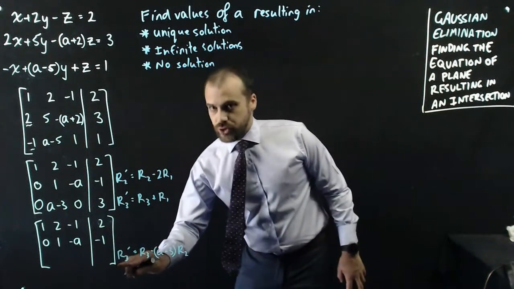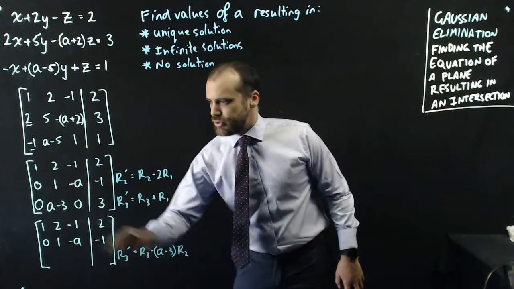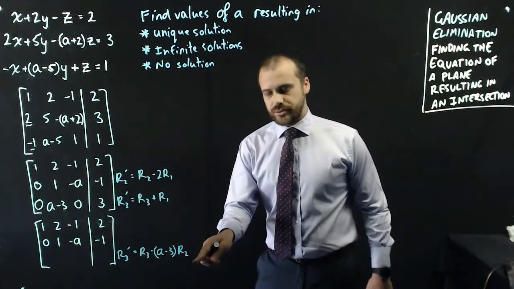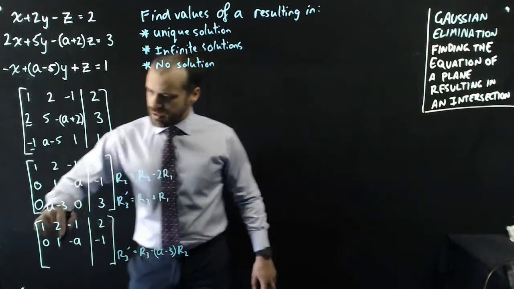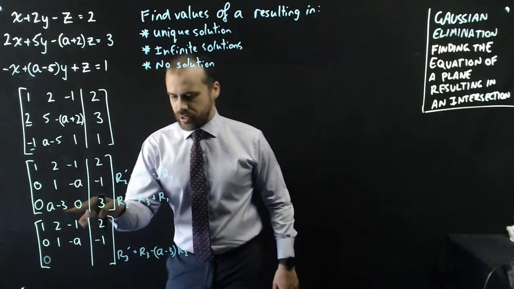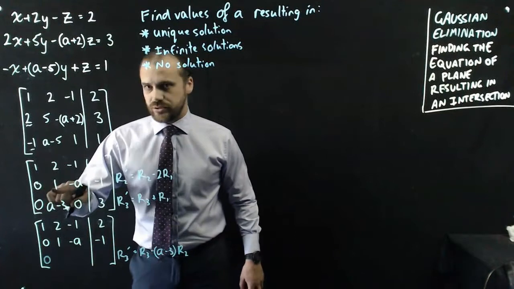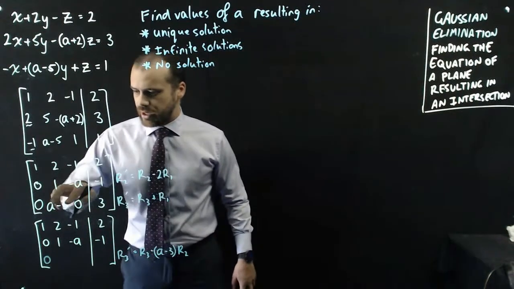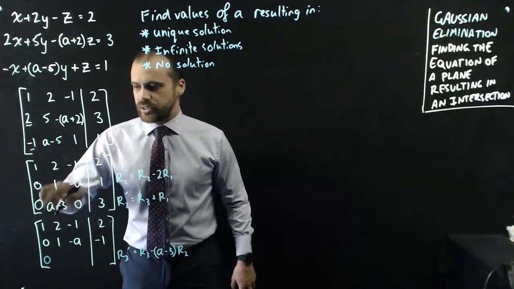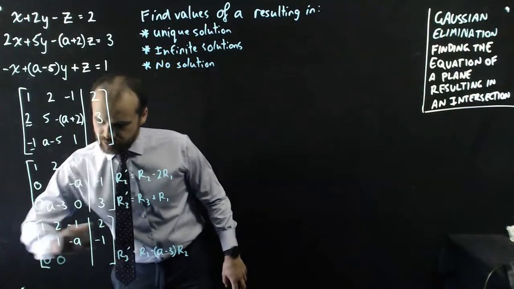So down here, the new row 3 is going to be equal to the old row 3 minus a minus 3 times row 2. Alright, so stepping through it, we get a 0 here. We get a minus 3 minus a minus 3 times 1. So, a minus 3 times 1 is a minus 3. A minus 3 minus a minus 3 will be 0.